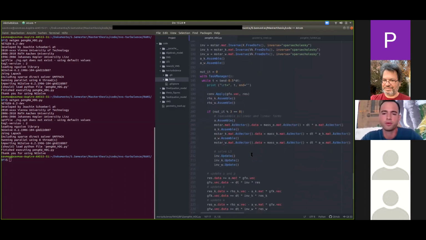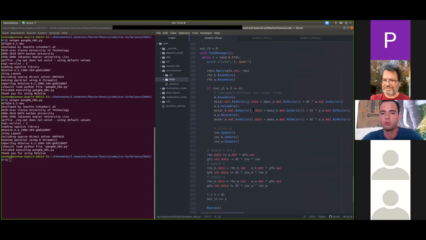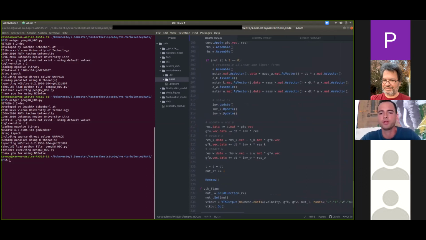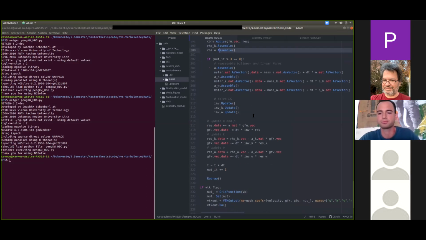And then, if everything is set up, we are able to enter our solving loop, which will end after the end time has been reached. The first thing we do in each iteration is always to update our right-hand side. So in this case, our convective term for the RANS equation, since the velocity changes, and also for the k and omega equations, since k and omega are also changing as time progresses, so we have to reassemble these right-hand side linear forms.